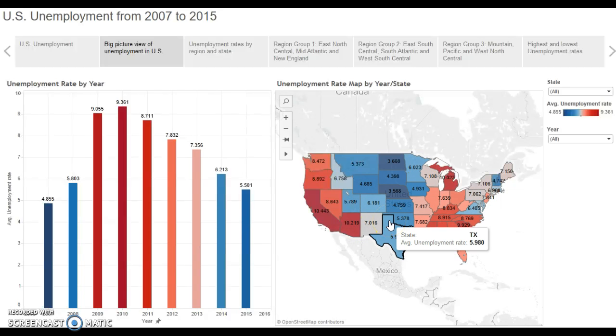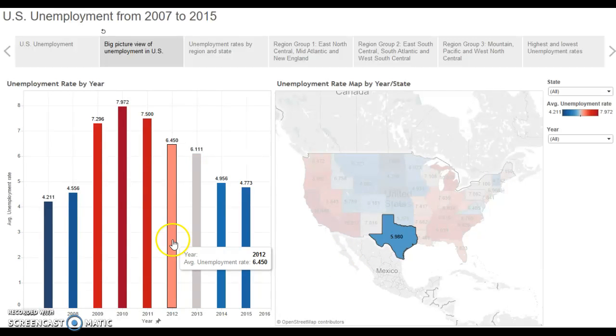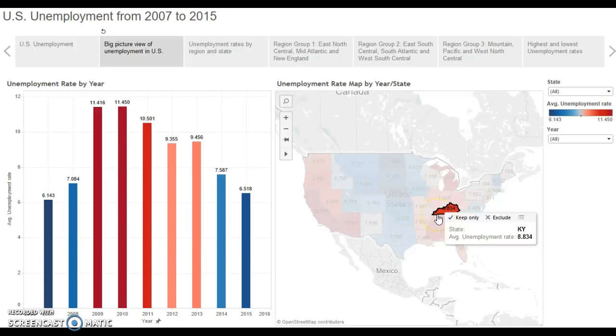Over here we see the average unemployment rate by state, averaged over time. So in Texas, you saw unemployment rates follow the same pattern, and not just in Texas, but in most other states.